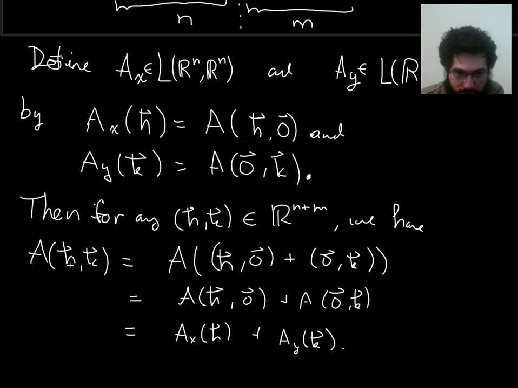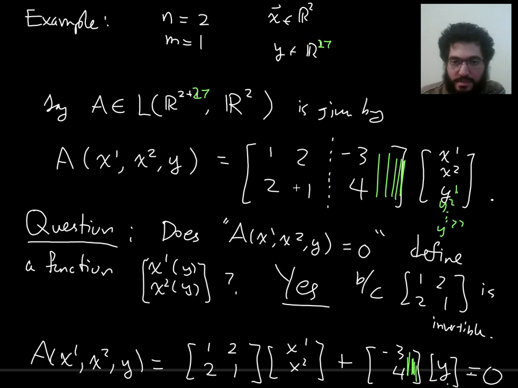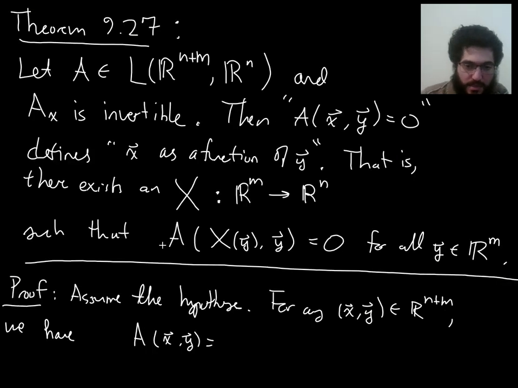A applied to (h, k) is this part applied to h plus that part applied to k. That's the same idea as the split here: this submatrix applying to the x's and that submatrix applying to the y's. So we have A sub x applied to x plus A sub y applied to y.